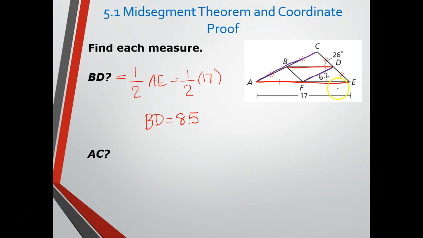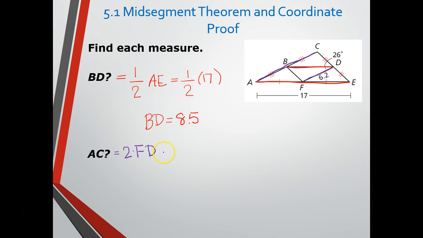And so FD is the midsegment of AC. So what we're going to do here is, since the midsegment is 1/2 the length of its parallel side, AC, we're going to say that AC is equal to not 1/2 FD, but 2 times FD.